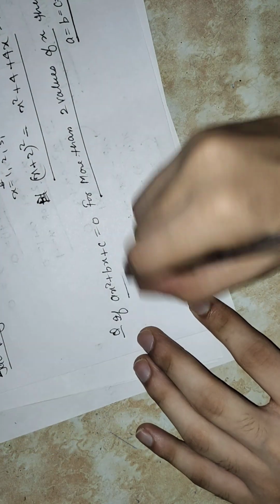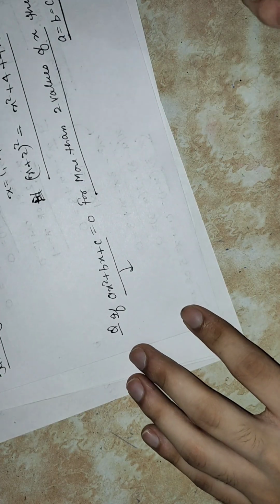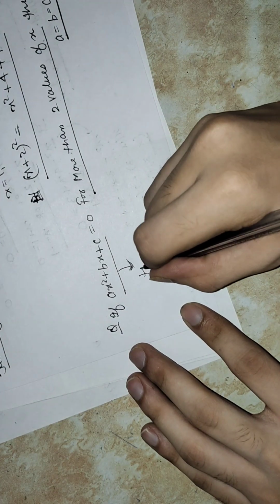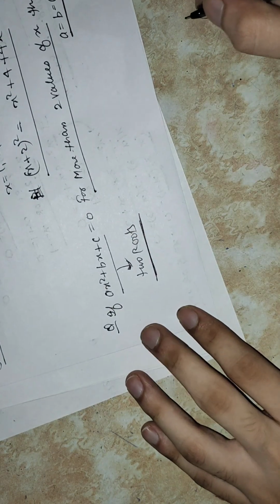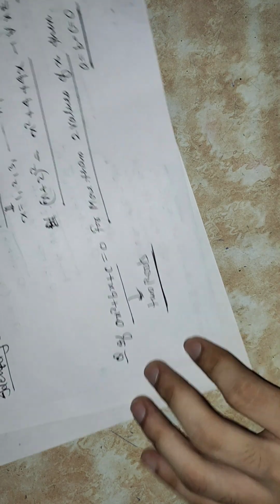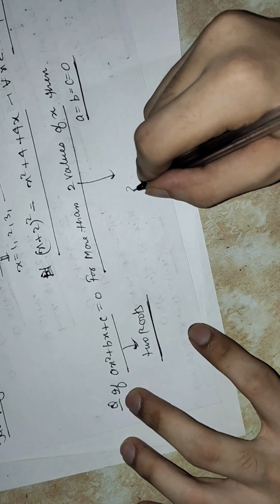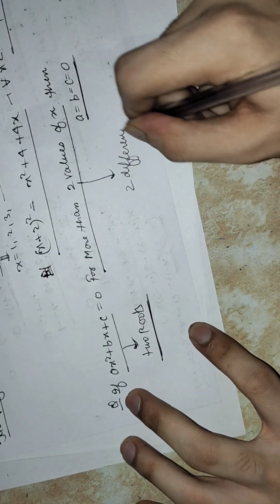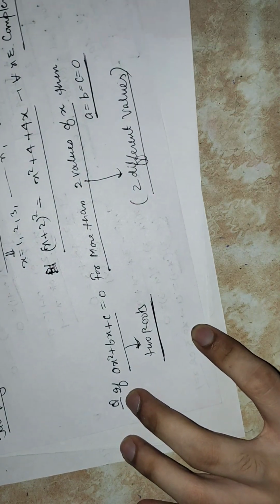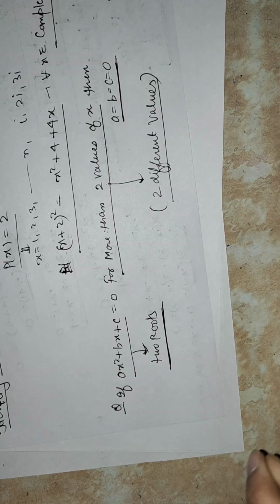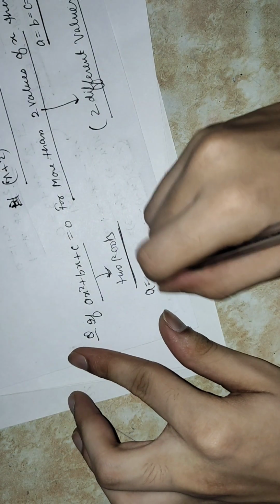Let's see. This quadratic equation has exactly 2 roots. If it is satisfied for more than 2 different values of x, then it cannot be a quadratic equation, which means a should be equal to 0.